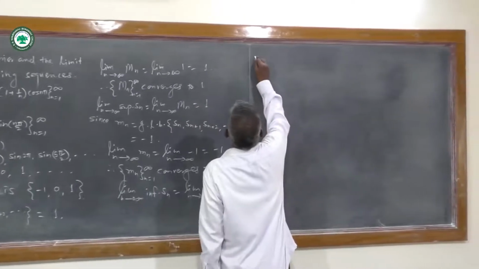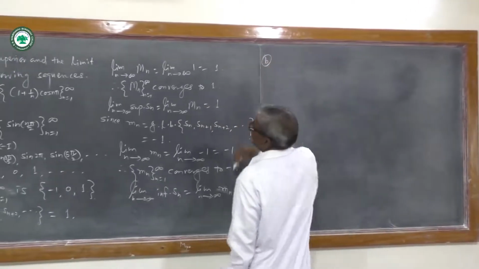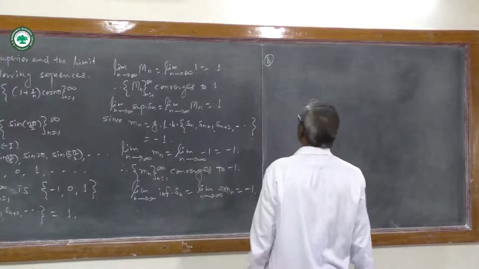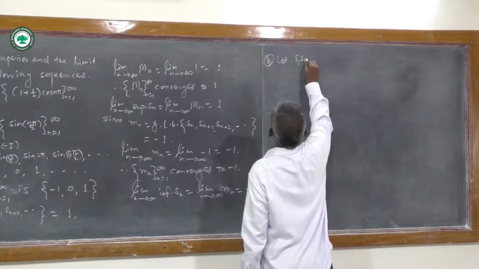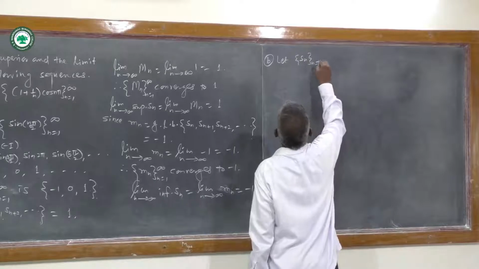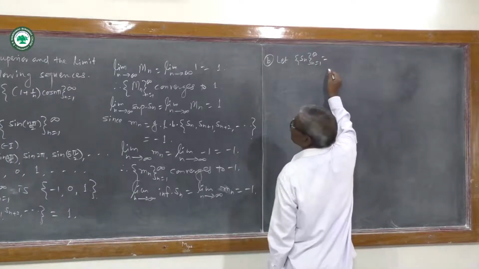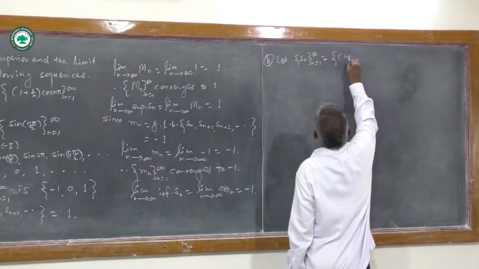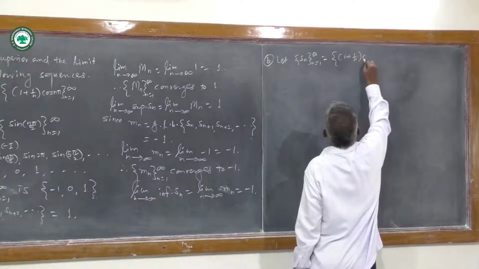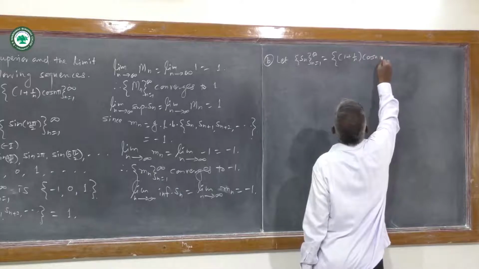Now we see the solution of B. Let the sequence Sn, n is equal to 1 to infinity, be 1 plus 1 by n into cos of n pi.